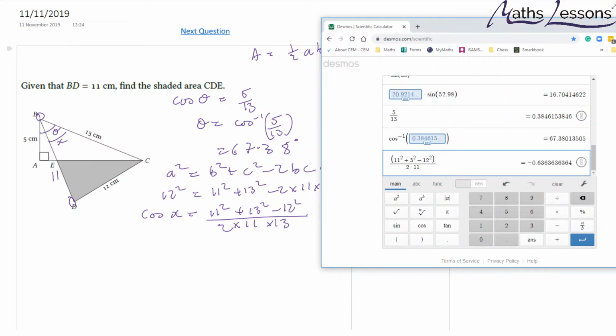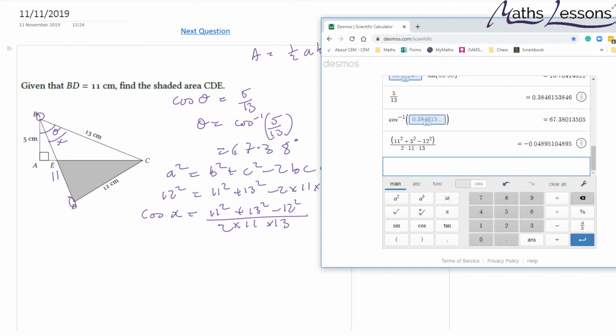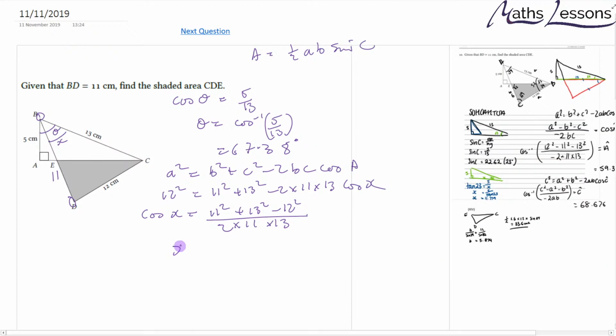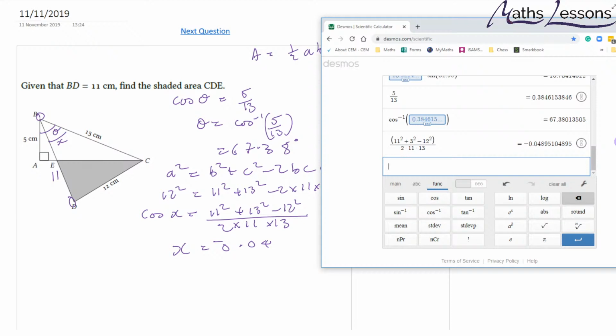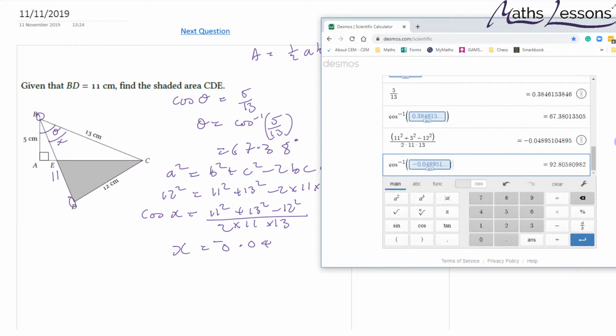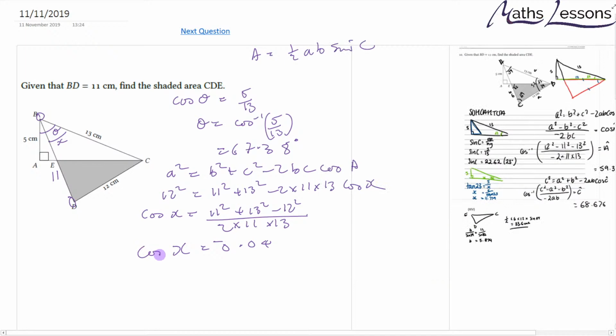Times 11 times 15. And I get minus 489. Then I'm going to do inverse cos of that. I get 92 degrees. That was what cos x equals.